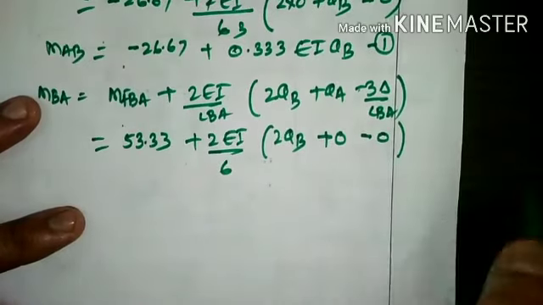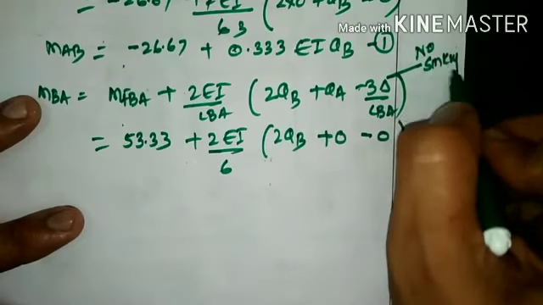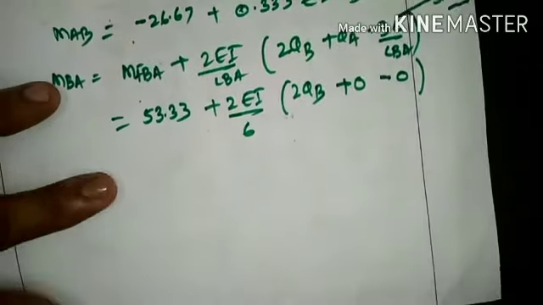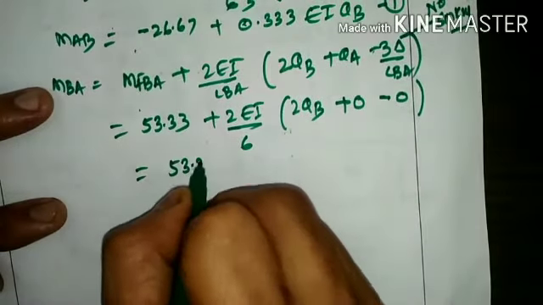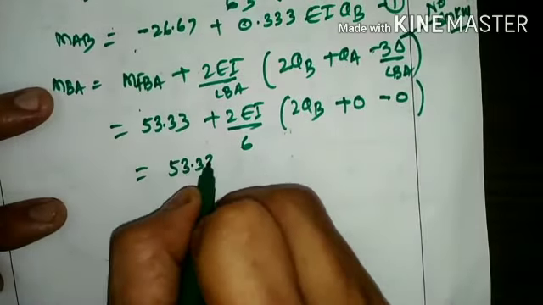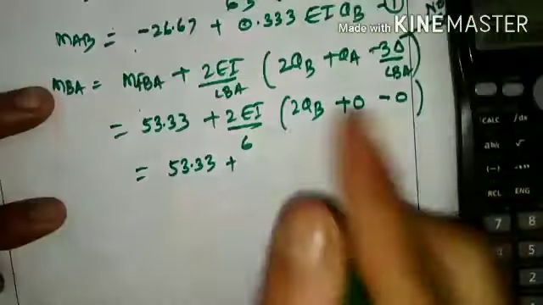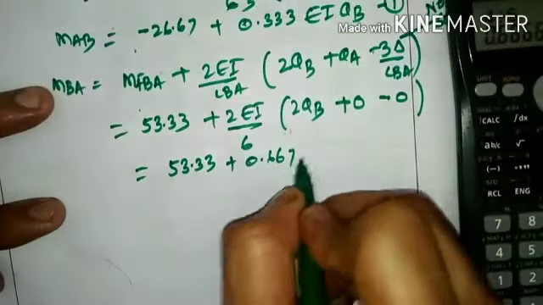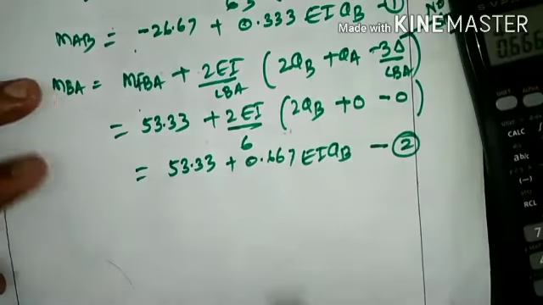The delta value shall be considered as 0 because no sinking values have been given. Rearranging this, 53.33 plus 2 into 2 will be 4. 4 divided by 6 will come out as 0.667. So 0.667 EI theta B. Now name this as equation number 2.